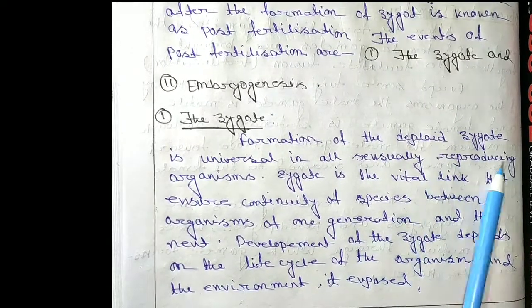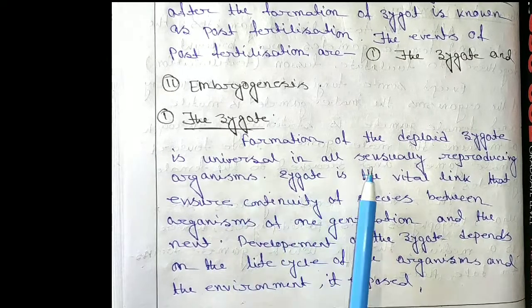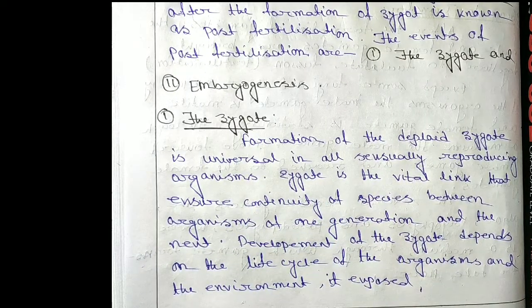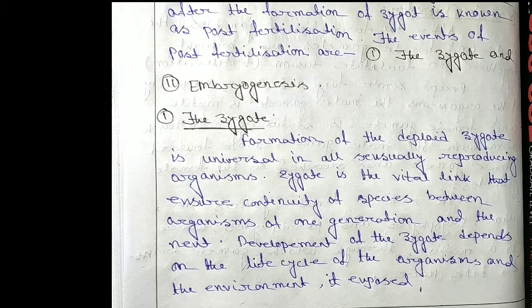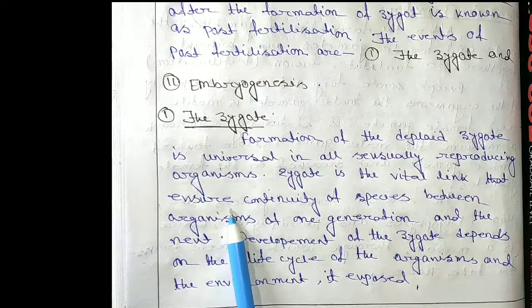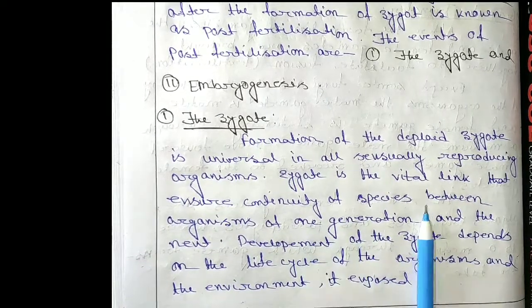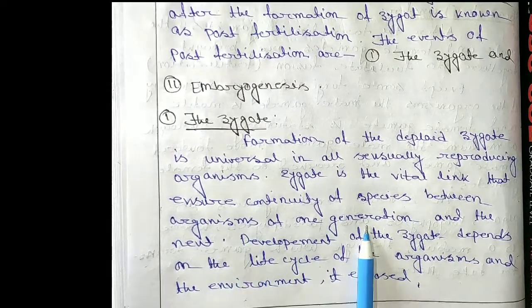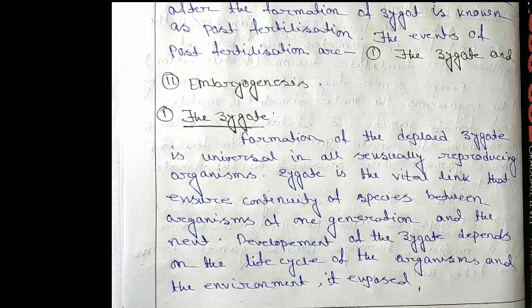Formation of the diploid zygote is universal in all sexually reproducing organisms. That means diploid zygotes occur in the majority of organisms. The zygote is the vital link that ensures continuity of the species between one generation and the next. That means the zygote carries some characters of the generation, linking generation to generation.